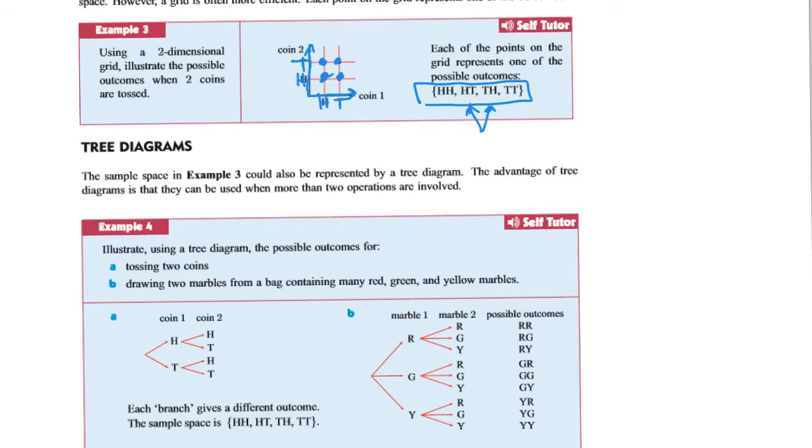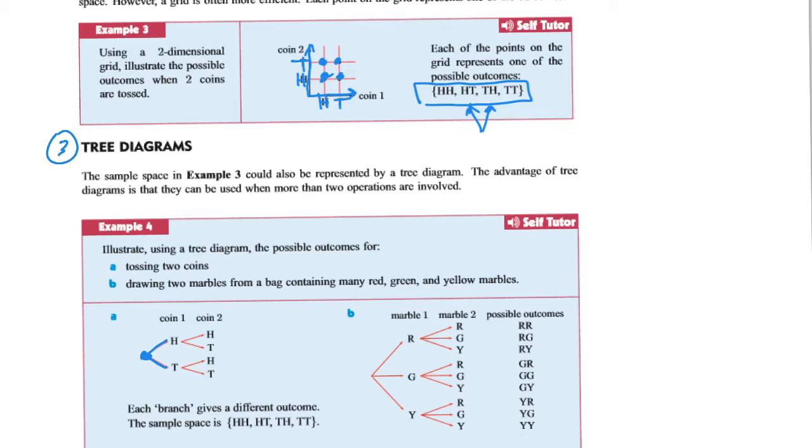All right, next we have tree diagrams. So if we prefer what we just talked about in example 3, okay, so tree diagrams. Here we go. If we toss 2 coins, what we want to do is we just want to make a dot on the left and start drawing branches.